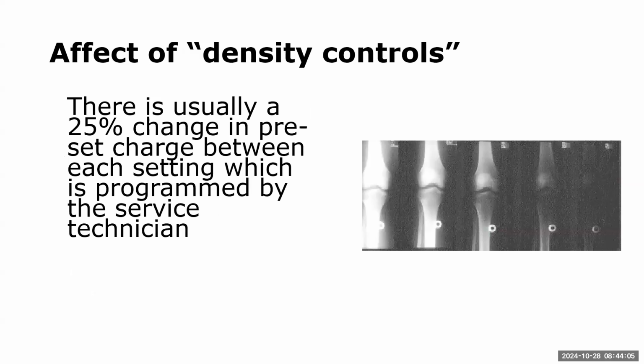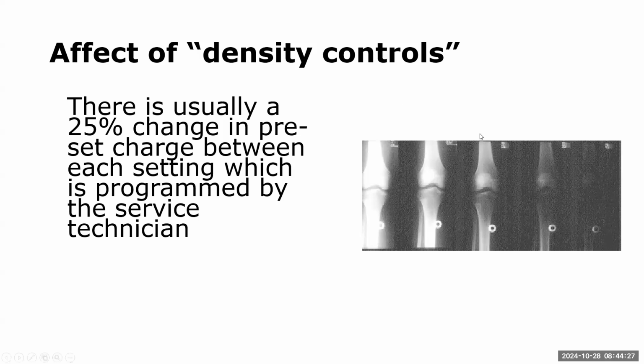So I know that image is terrible, it projects terrible up there, but the main thing I want you to see is the darkness and brightness of those images. When we change the density setting, there's usually about a 25% change in preset charge between each setting, which is programmed by the service technician.